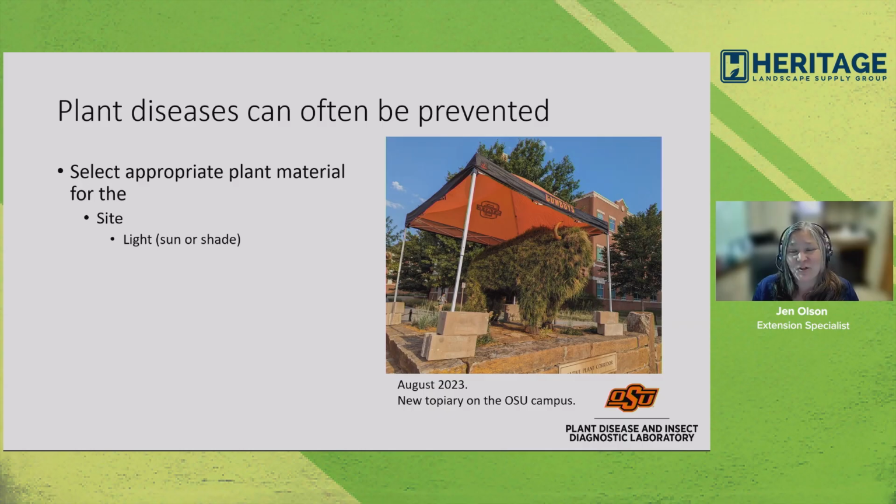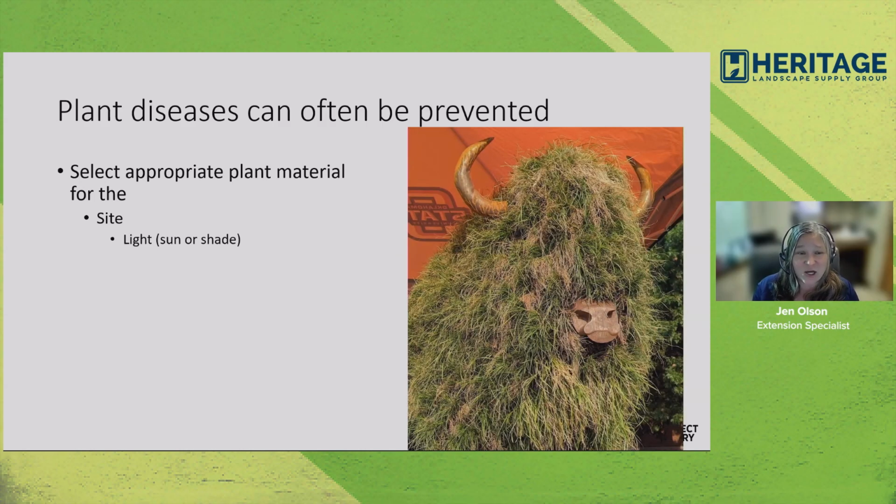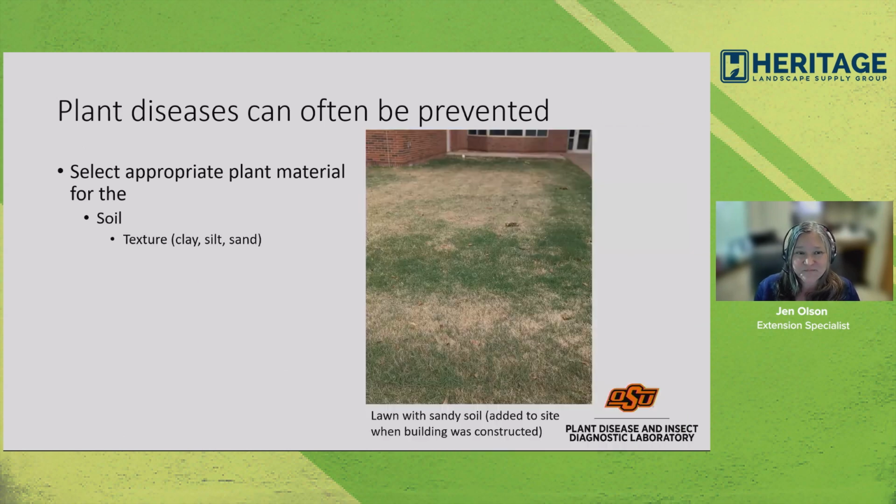So they actually put up this shade to help protect this guy. And so he looks pretty good. That shade was protecting him until he's now become established at the site and they don't need to use that tent anymore.